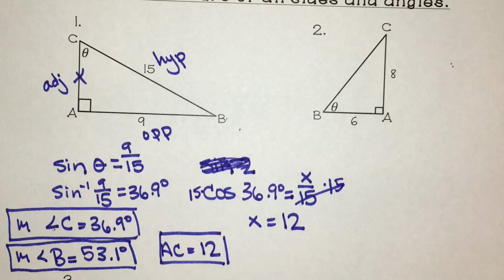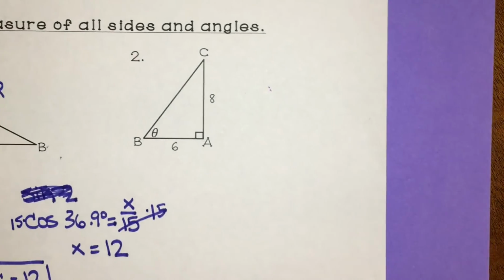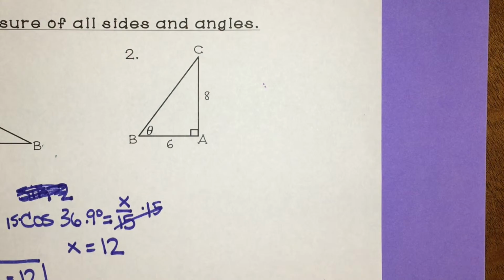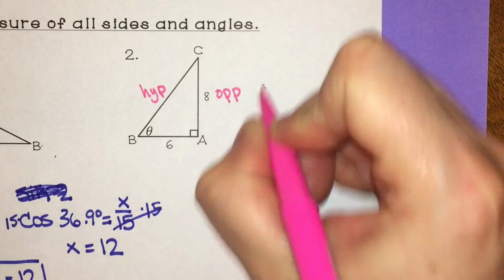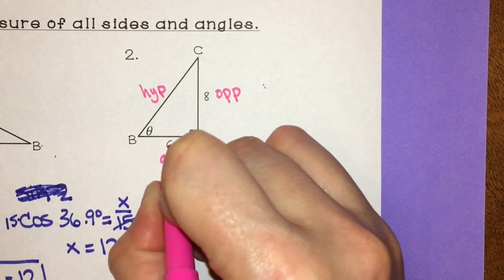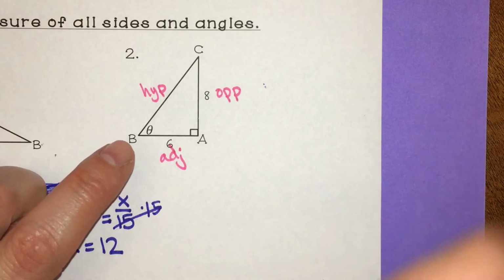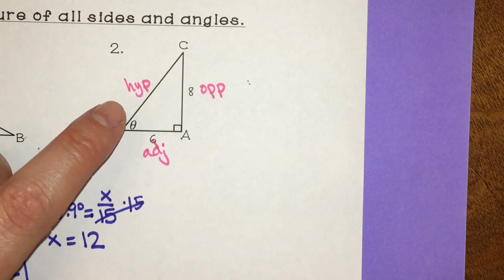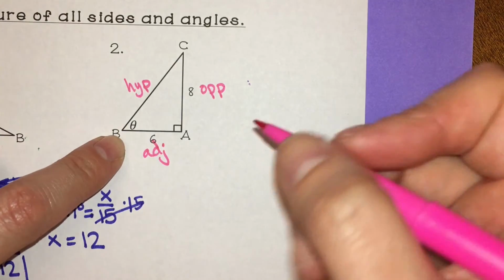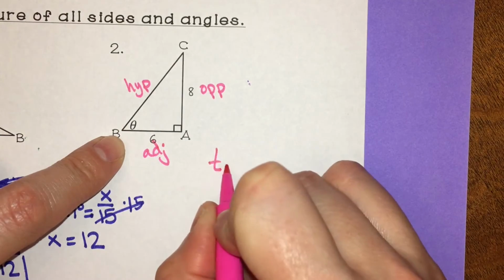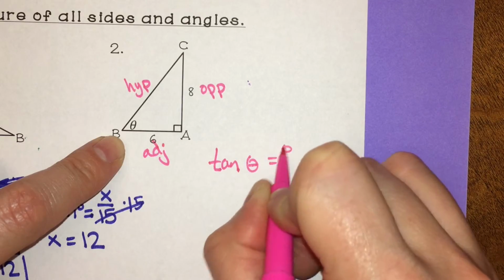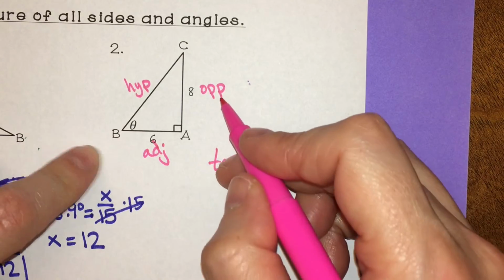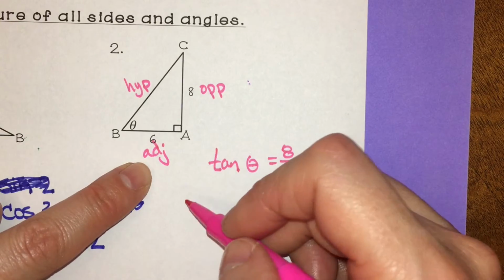All right, then on number 2, we have the hypotenuse, the opposite side, and the adjacent side. To find my angle measurement, I'm going to use tangent of theta equals 8 over 6, my opposite over adjacent.